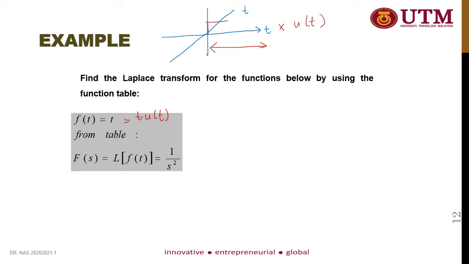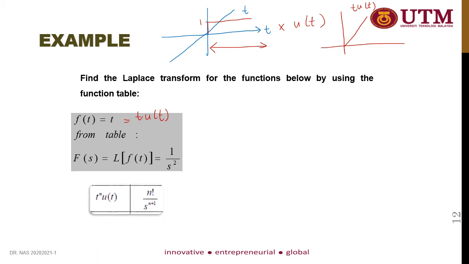We know that u(t) is this one, so only the positive side will be considered. So f(t) equals t u(t). By referring to the Laplace transform table, this is the closest shape to the given equation.